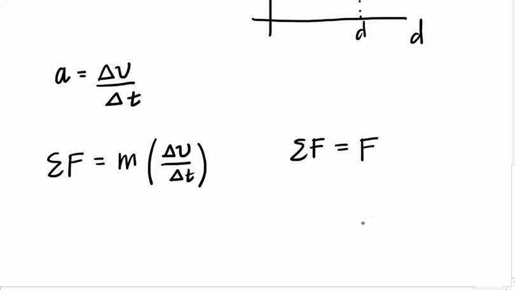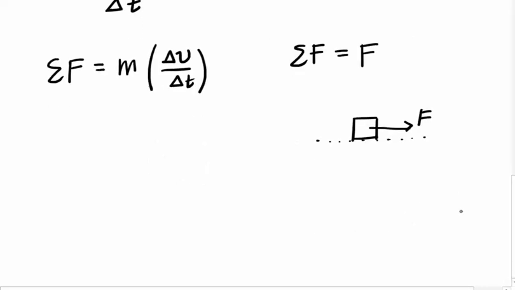Maybe we've got a box sliding across the ice. So here's my icy surface, and you're pushing on it with a force F. So the net force on it in the x direction would just be F. There's no friction, nothing like that.